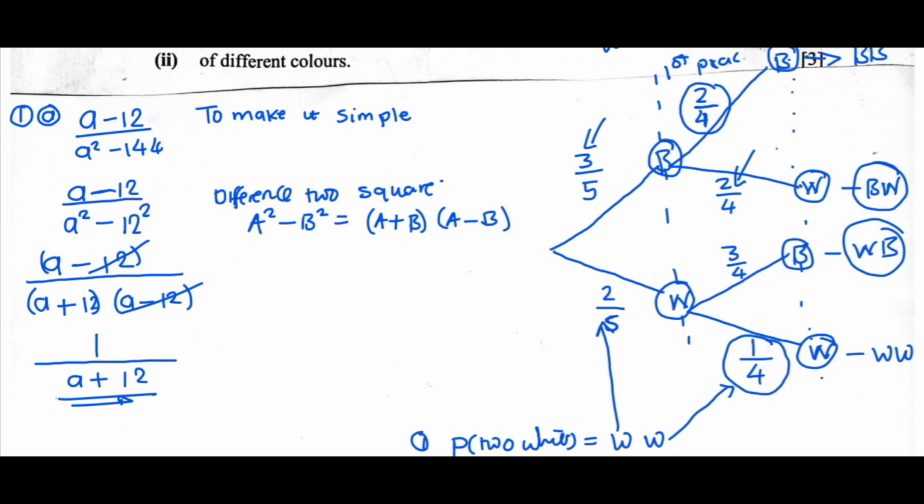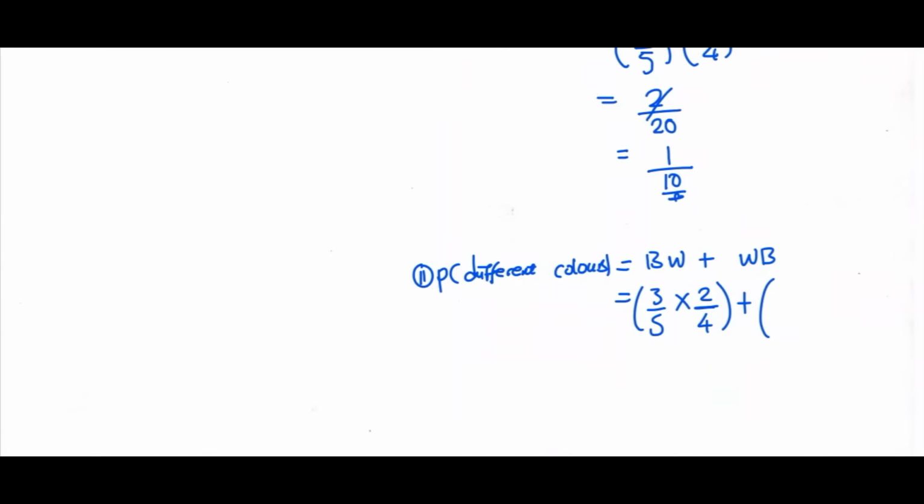So WB is this number, 2 over 5 times 3 over 4.